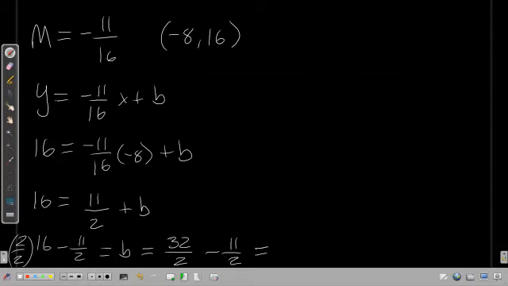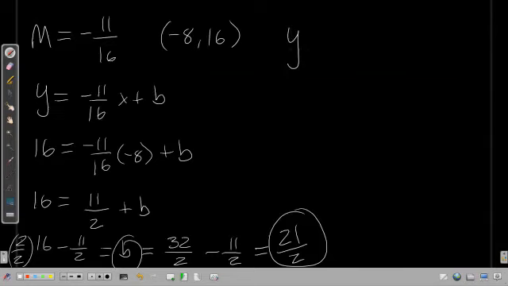I mean, 32 apples minus 11 apples, 32 halves minus 11 halves. It's all the same thing, same idea. 32 minus 11 is 21. So this is 21 over 2. That b is 21 over 2.